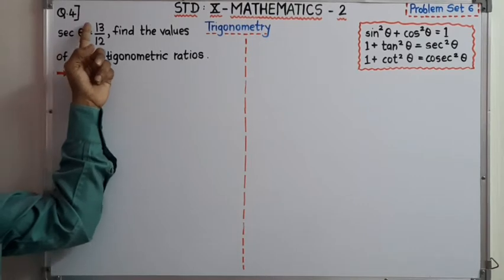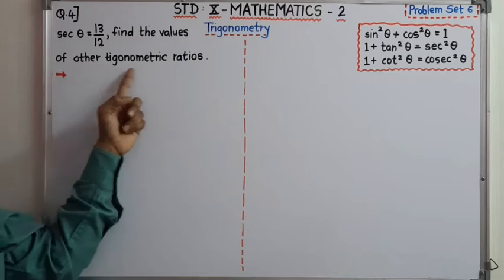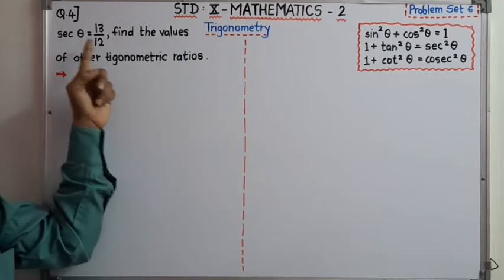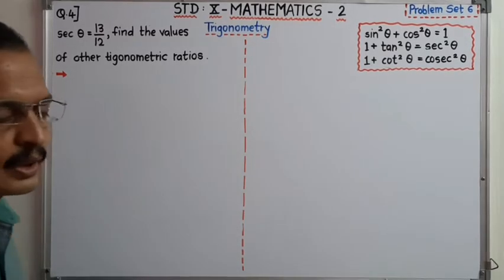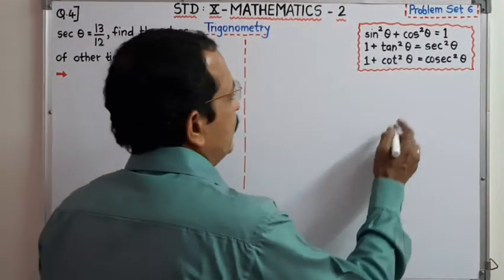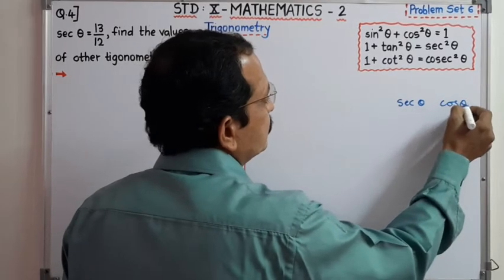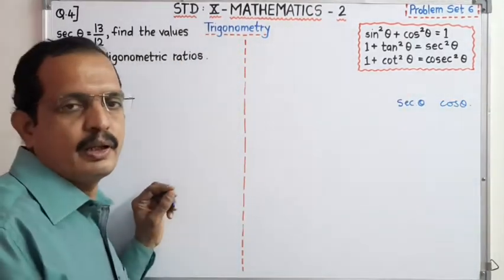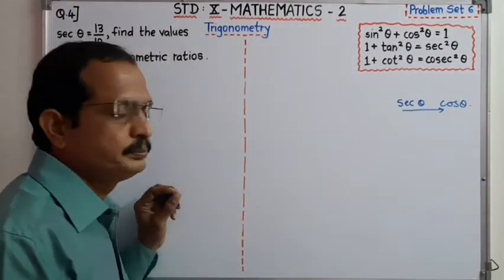Sec theta is equal to 13 upon 12. Find the values of other trigonometric ratios. Sec theta is given. Dear student, see, sec theta and cos theta have a relation. Therefore we can find cos theta by using sec theta.